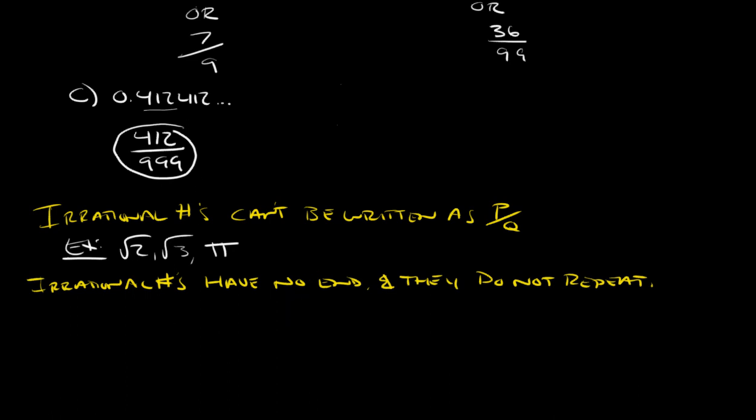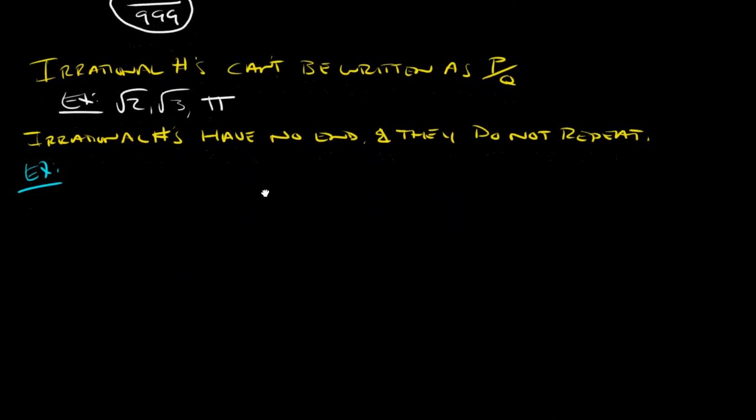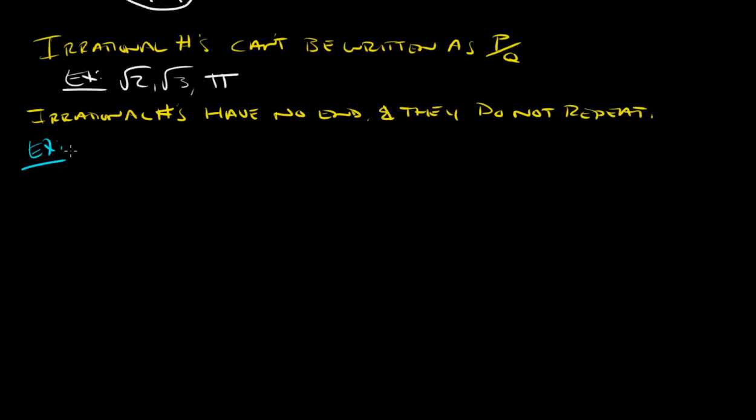All right, so let's just take a look at a couple examples here. So example, again, we're just kind of making this up. This isn't in your book, but let's do this. Rational or irrational.